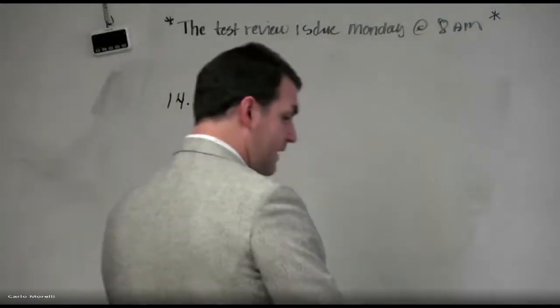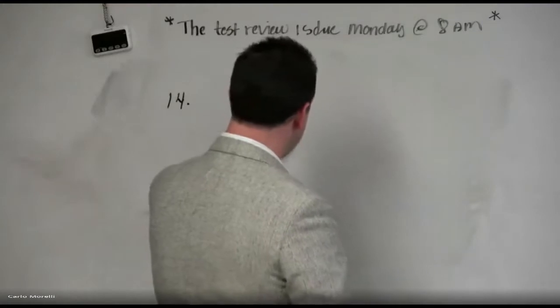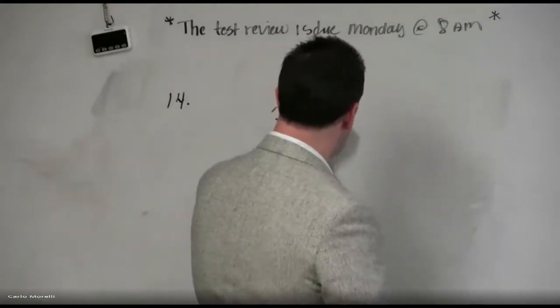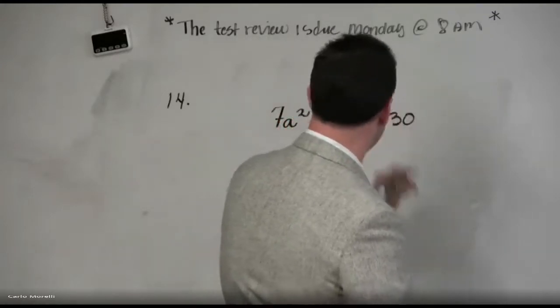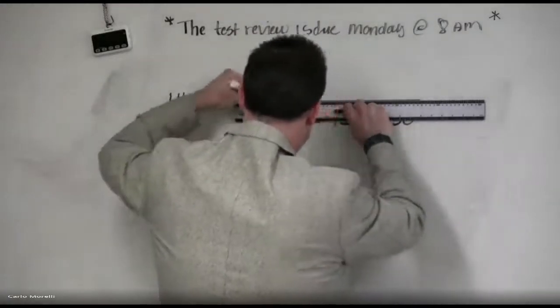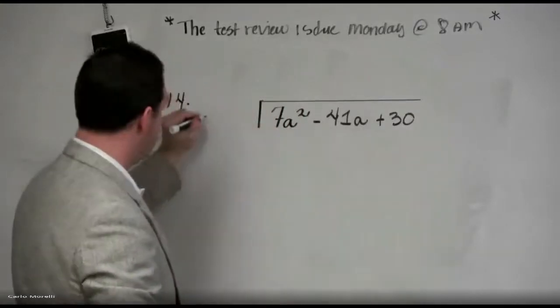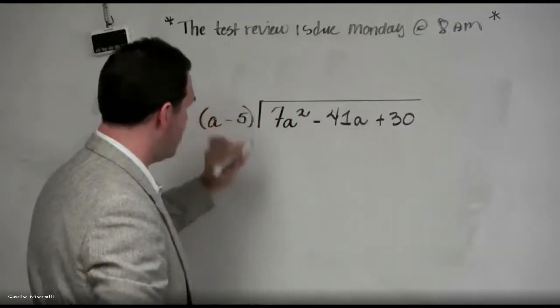It's 7a squared minus 41a plus 30. Big division bar. And then our divisor is open parentheses, a minus 5, close parentheses.